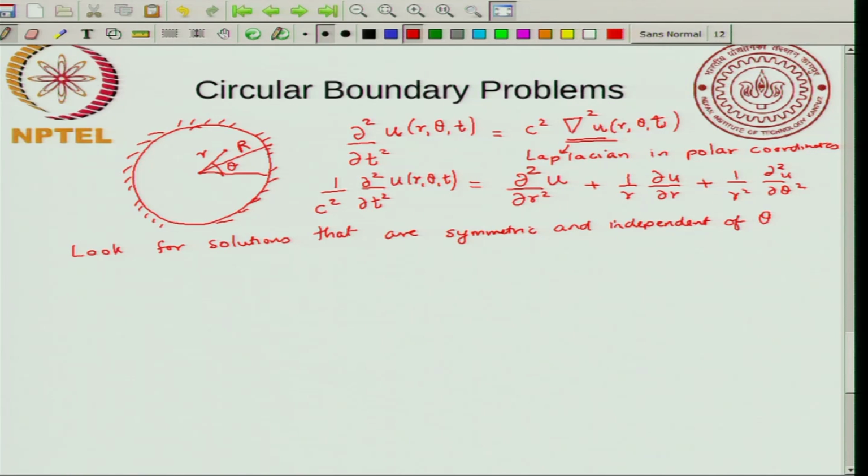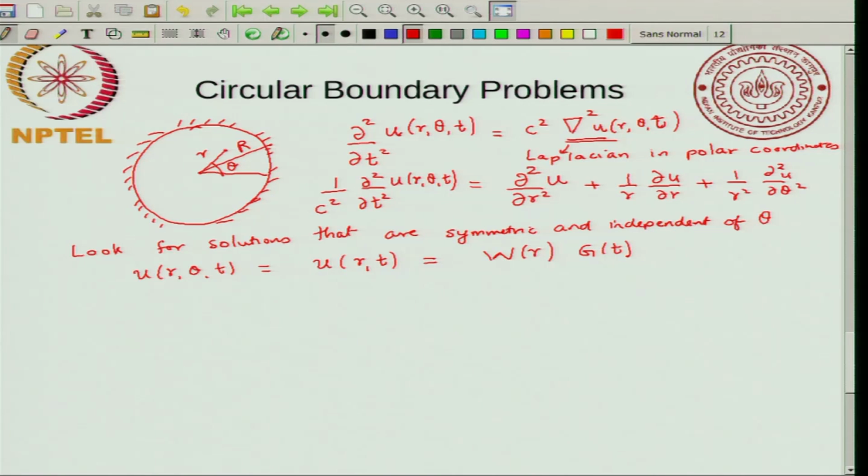So if you look at u that is independent of theta, you say u of r, theta, t, I'll write it as u of r, t. Further, I'll say that I can write this as a function only of r times a function only of t, written separately as a function of r and t. You don't need to do this, but this will just illustrate what we want to say a lot quicker.